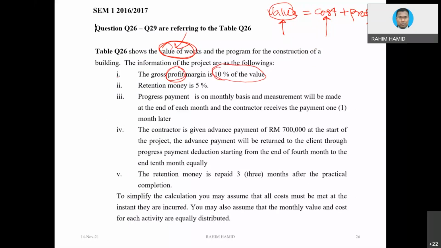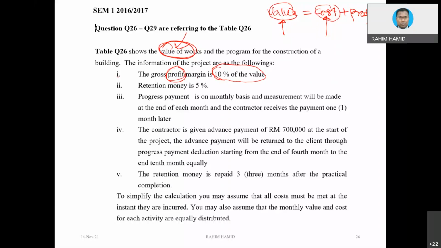Well, if you calculate the profit, from the contractor's point of view, normally the contractor will calculate cost, and from that, will mark up. So the profit will be a percentage of the cost from the contractor's point of view.